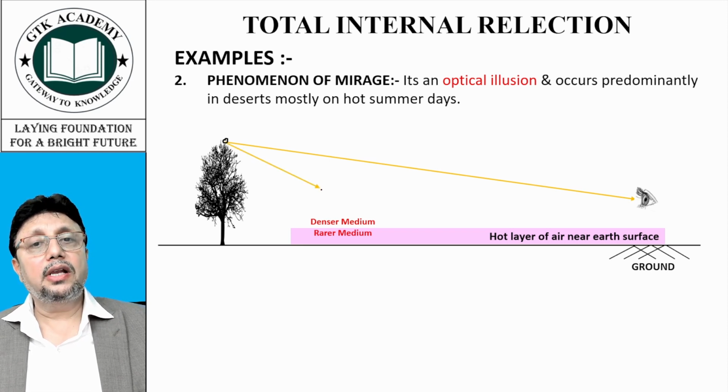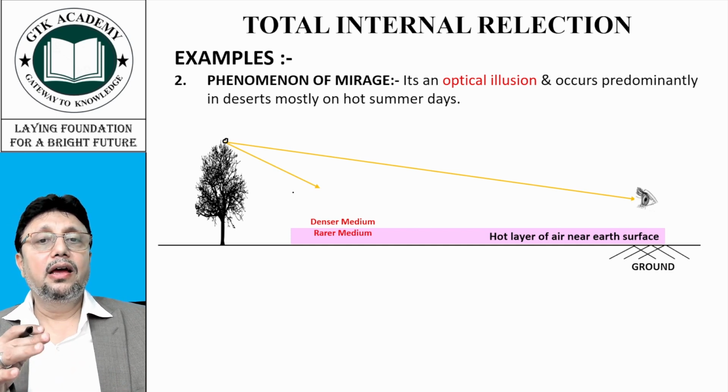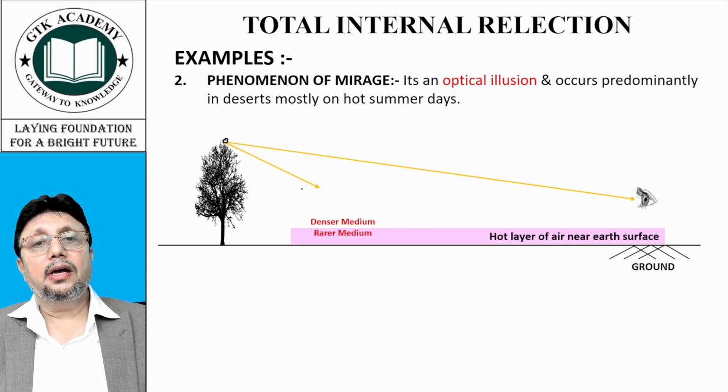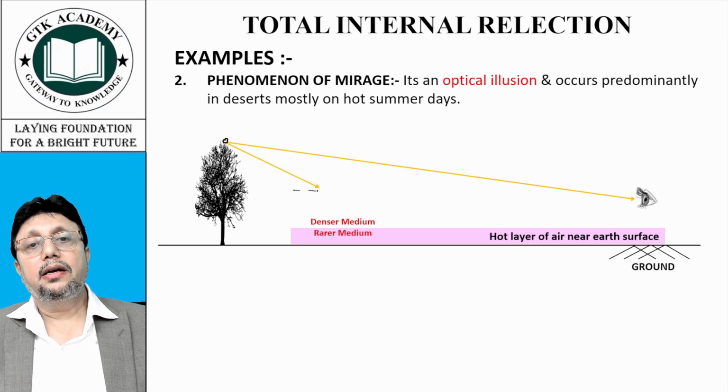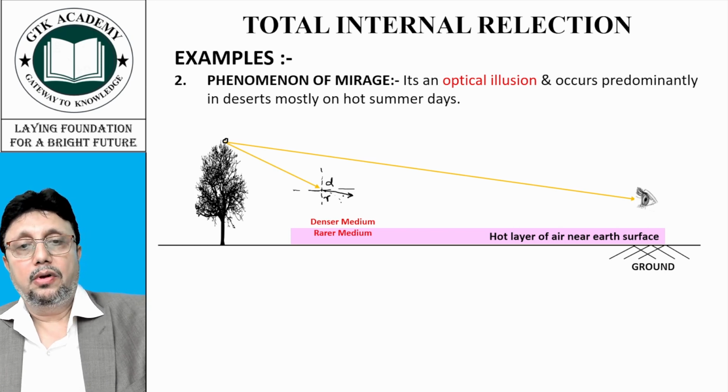So now this light ray, when it reaches the ground and a lot of layers are there, and with decreasing density, then the light is moving from denser to rarer. So what will happen? Suppose at this place it encounters the first layer, so it will bend away from the normal like this when it is going from denser to rarer medium.